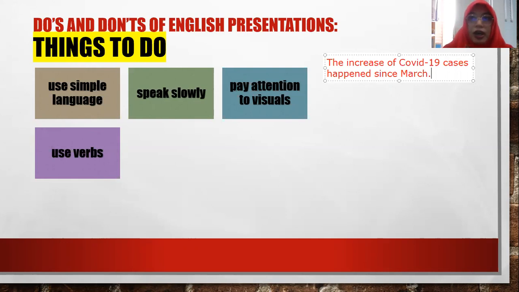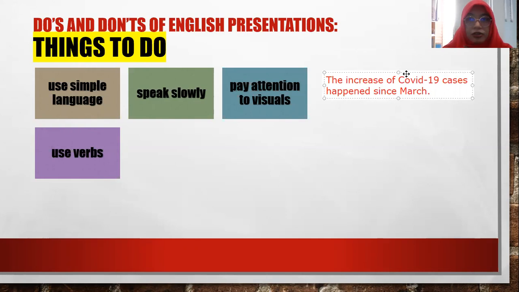Okay, so this is a passive sentence. The noun here is increase. This is good if you are writing reports. When you are presenting your reports, in order to make more impact or more effect on the audience, you can just say COVID-19 cases increased since March.